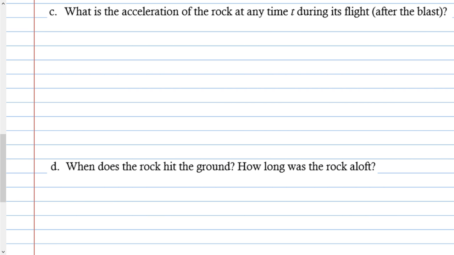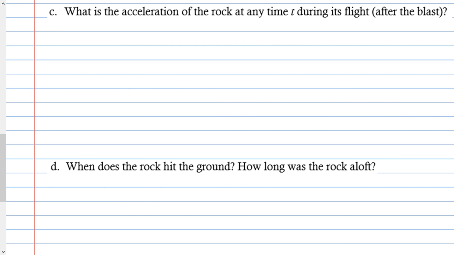Okay, so we're now on part C. What is the acceleration of the rock at any time t during its flight after the blast? For part C, I need the equation that will get me acceleration. I need the function.